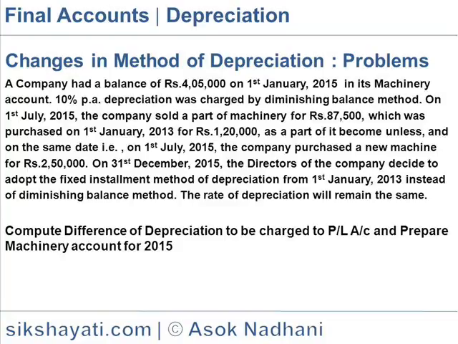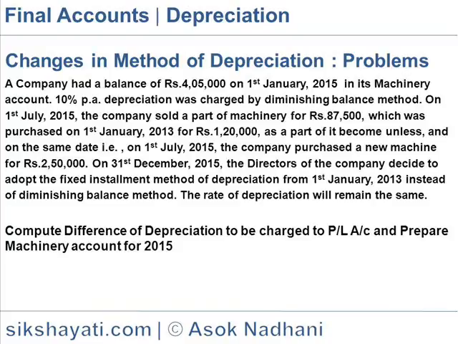WDV as on 31st December 14 as per written down value method is equal to 3,80,000 minus depreciation for 2013, that is 10% on 3,80,000, which is 38,000, plus depreciation for 2014, which is 10% on 3,80,000 minus 38,000, that is 10% on 3,42,000, which is equal to 34,200.